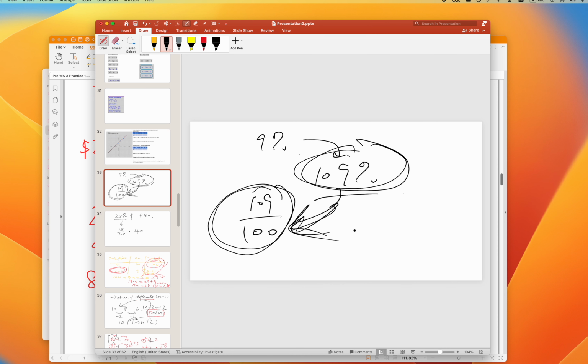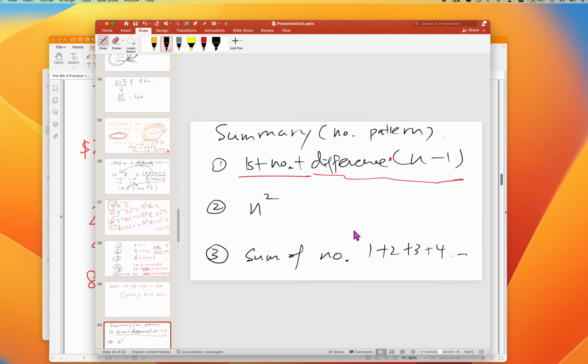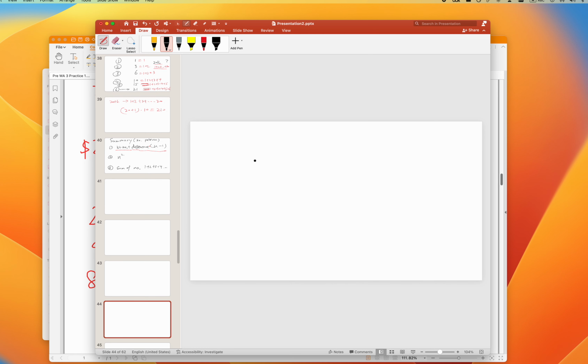Understand? When you see a percentage, you are not doing any magic, you just convert this to a fraction. There's no magic here, okay?